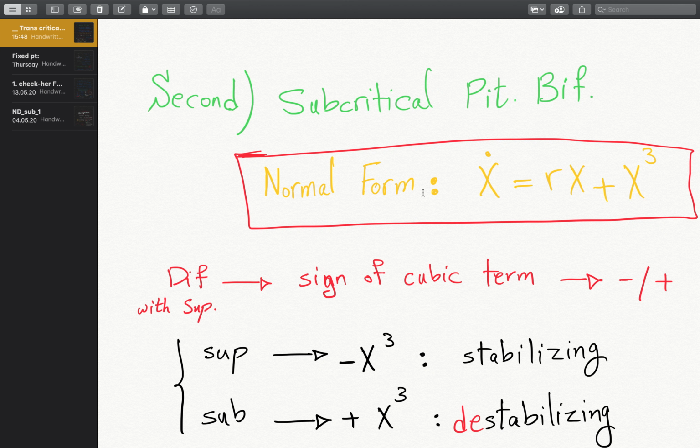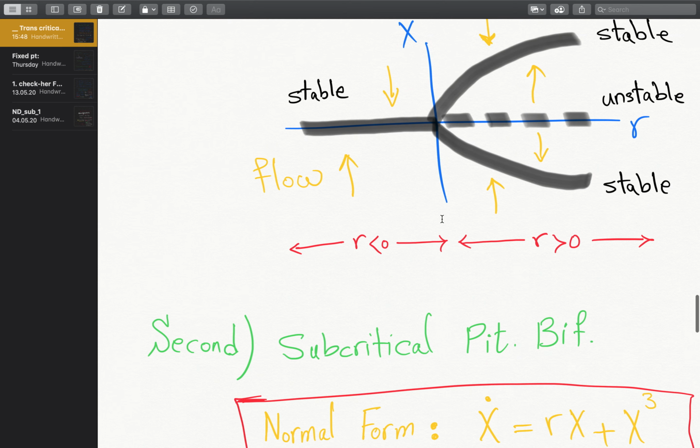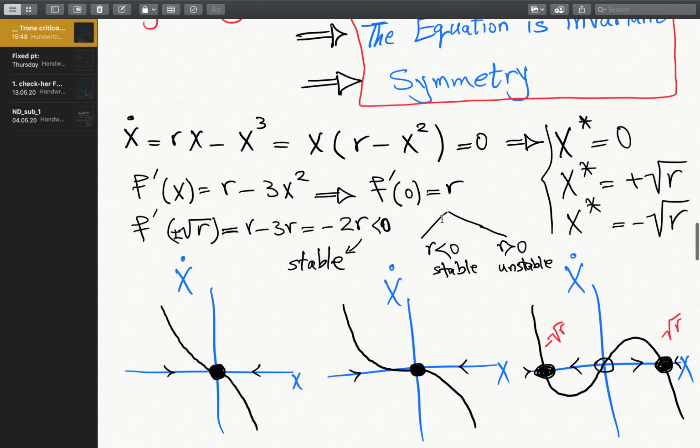Here you have x star equal to the positive square root of r, and x star equal to minus the square root of r.